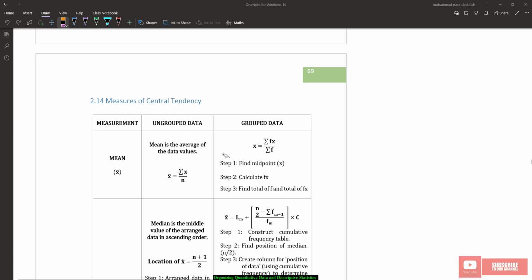Alright, just now we already looked at the different parts of displaying data and organizing data, right? So now this is the second part of chapter number 1, which is measure of central tendency, where we want to know the descriptive statistics, right? So let's look at the scheme of work.